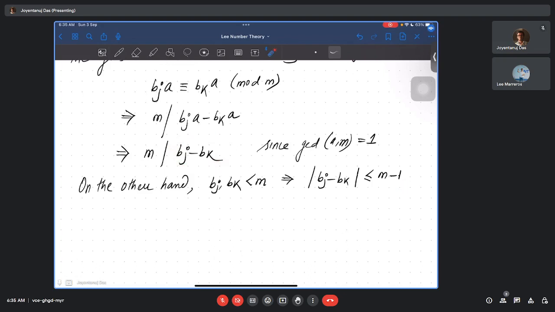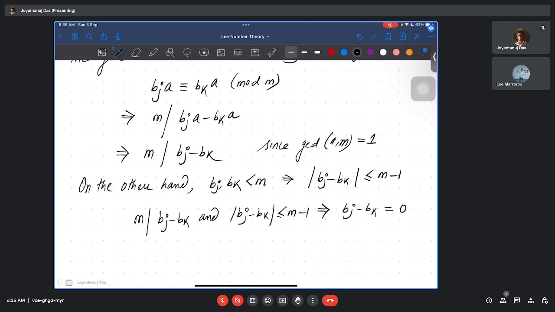There is only one option: it has to be 0. M divides Bj minus Bk, and the absolute value is less than or equal to M minus 1, so that will only imply that the difference is 0. We don't have any other option.